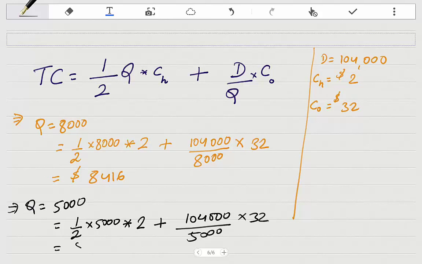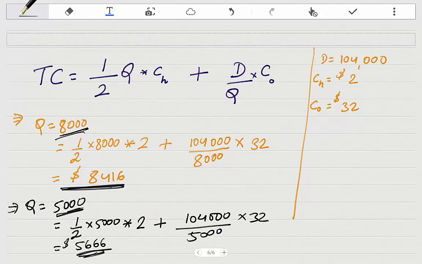This comes out to be 5,666. So how much should you order every time? What is that magical number that will make this total cost the least? Obviously, ordering 5,000 cases every time is better than ordering 8,000.